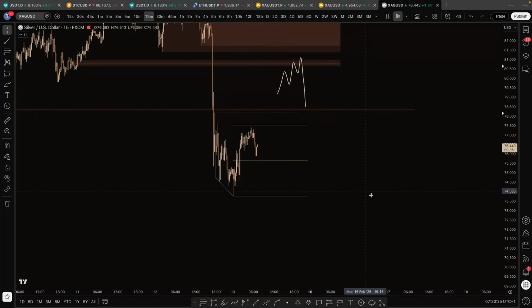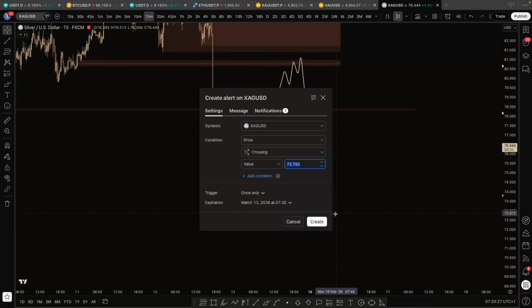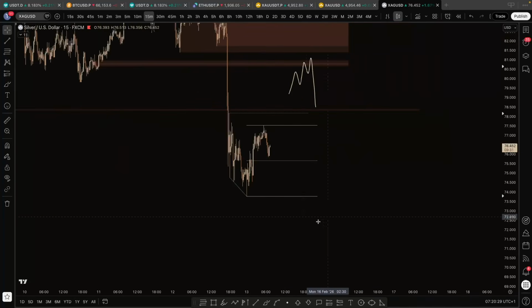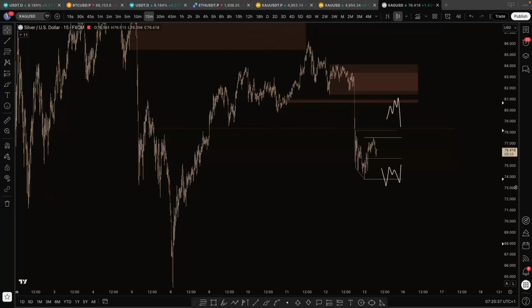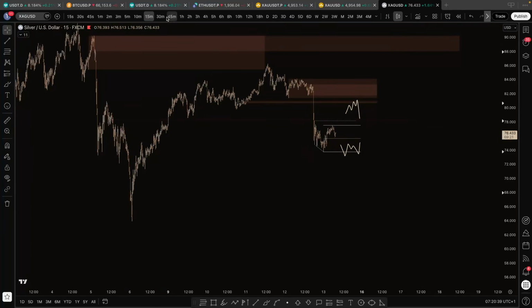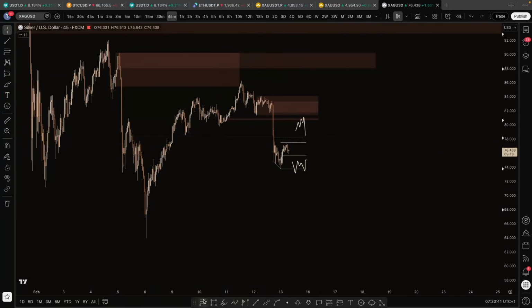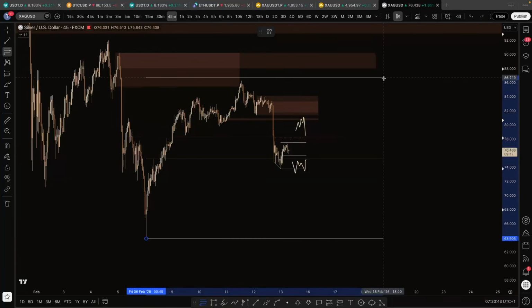I have my alerts ready on this range low. And that's what I'm watching on silver. So the idea is very clear here as well. And you are in this higher time frame range, so don't forget that. And that's the silver chart.